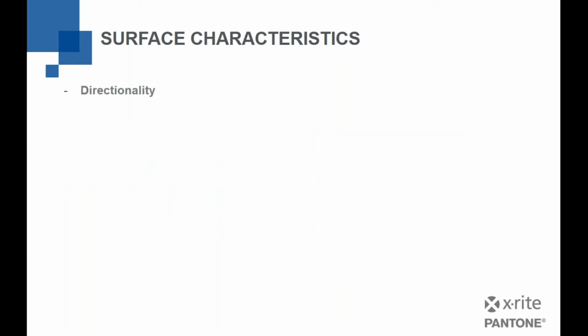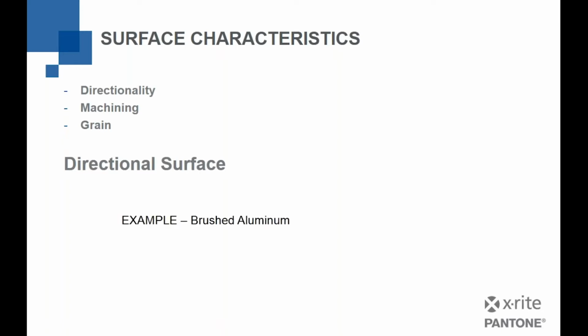The second surface we want to talk about has directionality to it. Often this can be caused by machining or molding. It can even be grain if we're talking about a natural substance, stone, marble, wood, those kinds of things. In our presentation, we're calling this a directional surface.